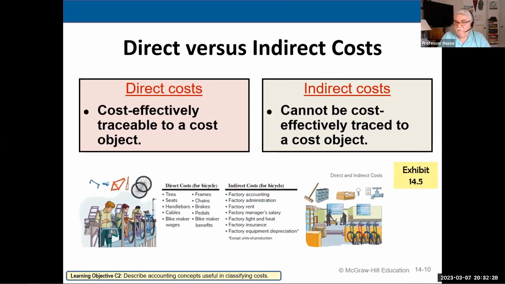An indirect cost, or sometimes called overhead, is a cost that you still have that is associated with your product but is not directly associated with the creation of the product. For example, let's use University of La Verne as an example. A direct cost for University of La Verne is me, Professor Hasse. I provide the teaching. I'm a direct cost.